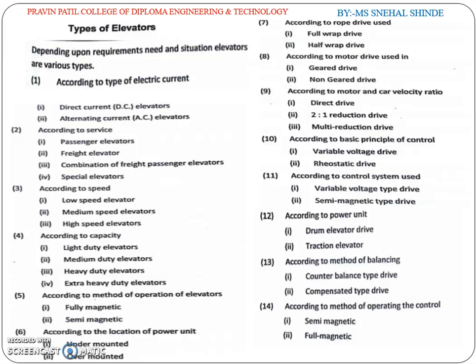Fourth is according to the capacity, that is light duty elevators, medium duty elevators, heavy duty elevators, extra heavy duty elevators. According to the method of operation of the elevators: fully magnetic, semi-magnetic. According to the location of the power unit, that is undermounted and overmounted.